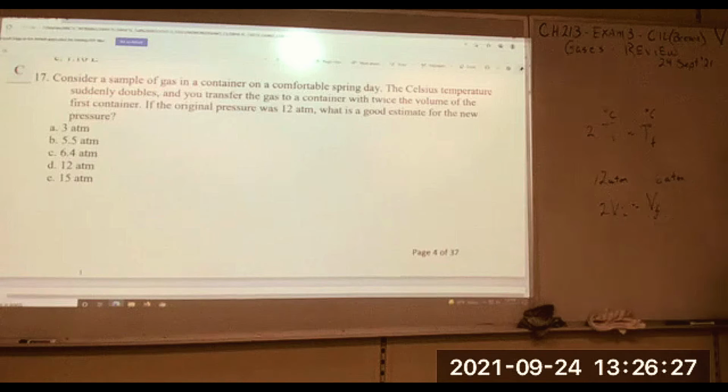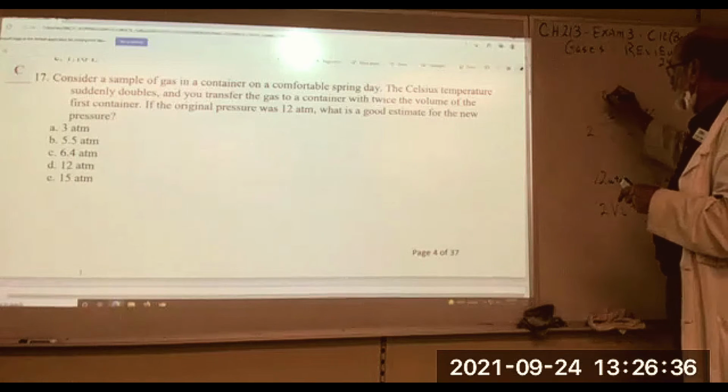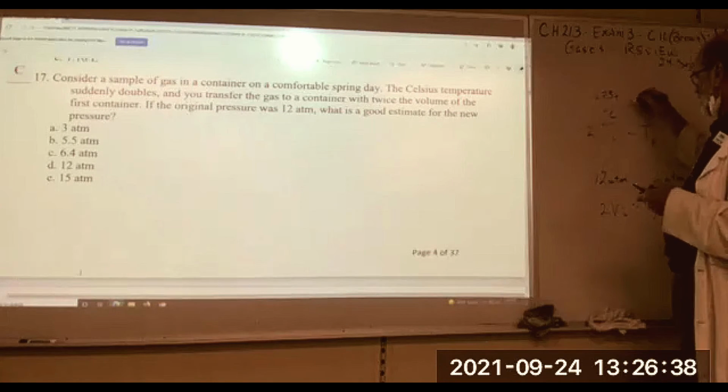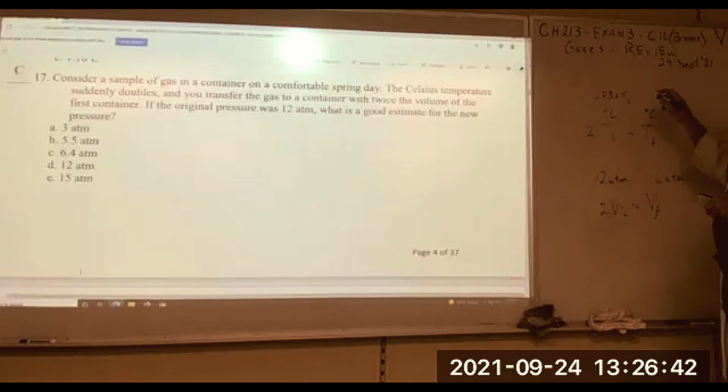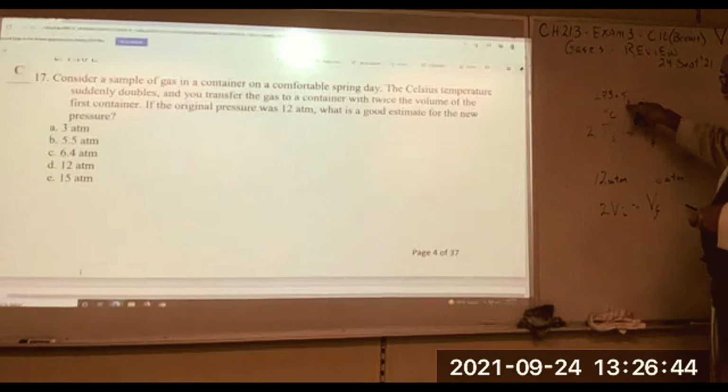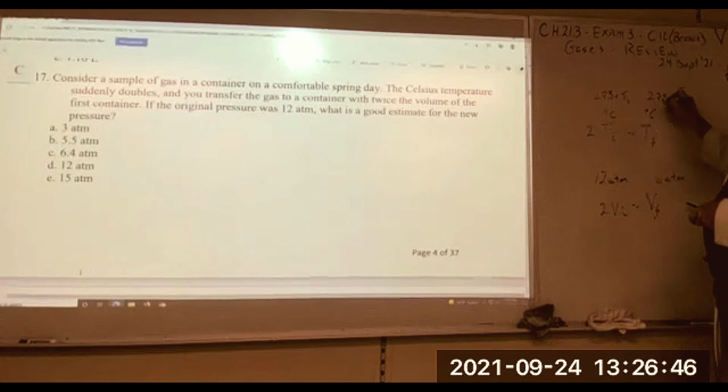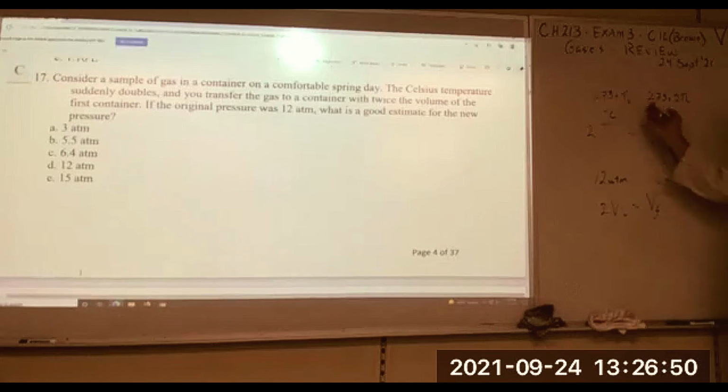But we're doubling the Celsius, not the Kelvin. So if you're saying 273 plus TI, and you double this one to 273 plus 2 TI, what effect does that have on that ratio? Not much.